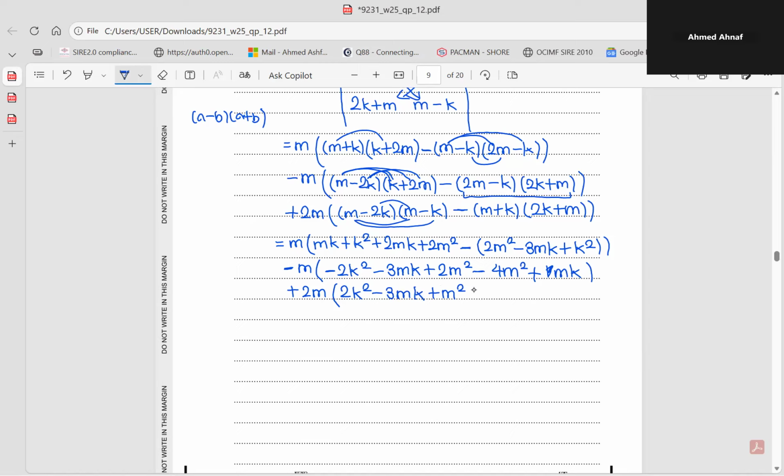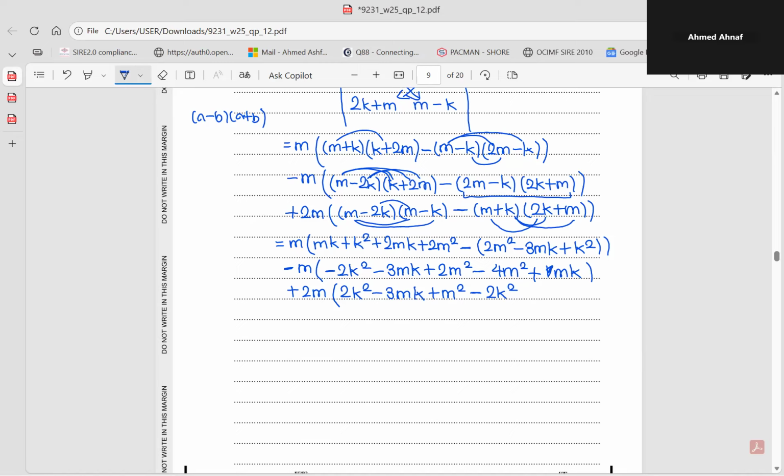And then for this, minus the k squared term, 2k times k, that is minus 2k squared. And then the mk term, so you have km as well as 2km.